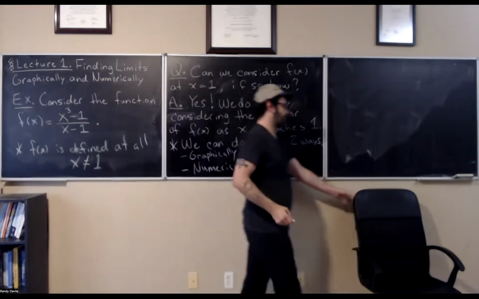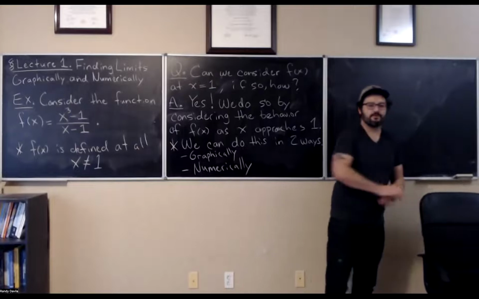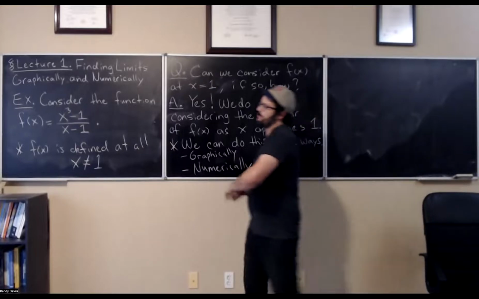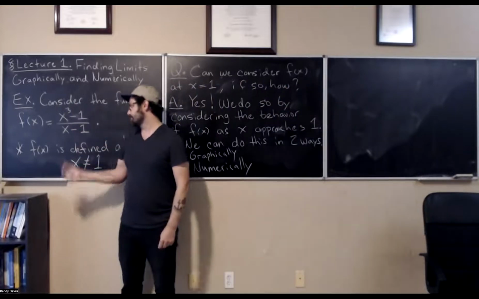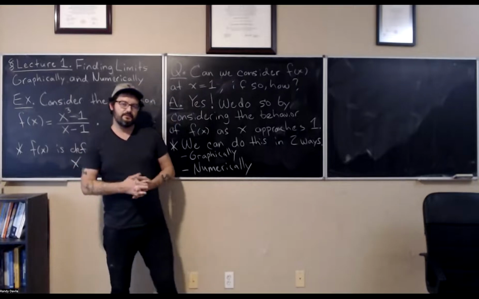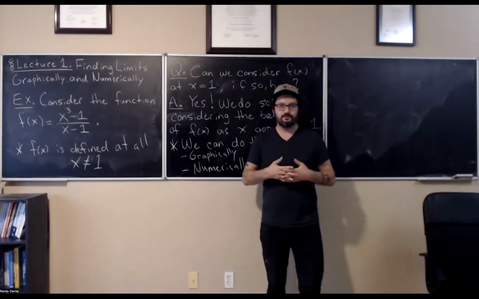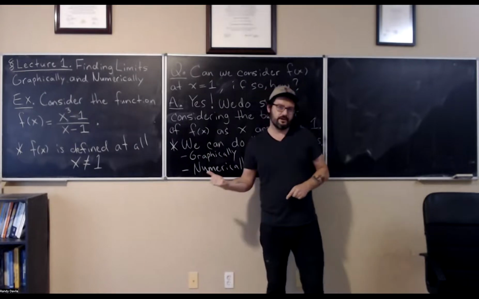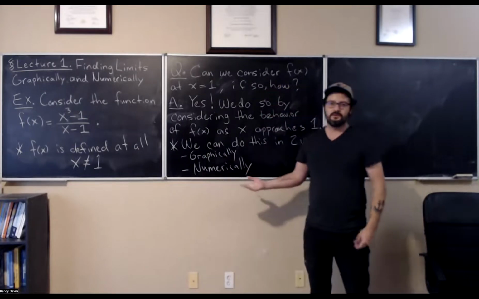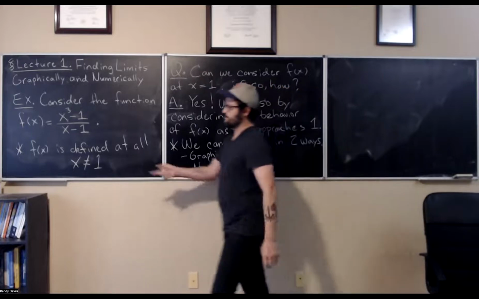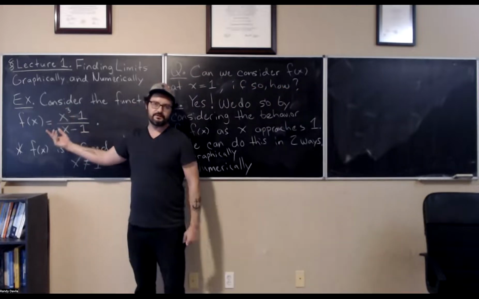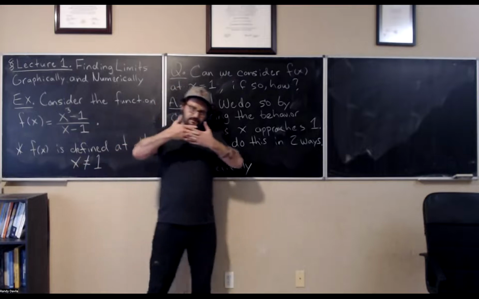In the graphical approach, we plot this function at every value except for x equals 1, and we just look at the curve of that function as x approaches 1. In a numerical way, we build a table of values as x approaches 1 and evaluate f of x at those values, and we see where the logical value is.